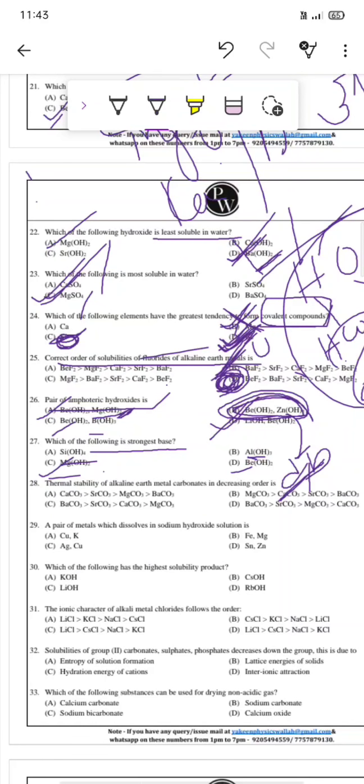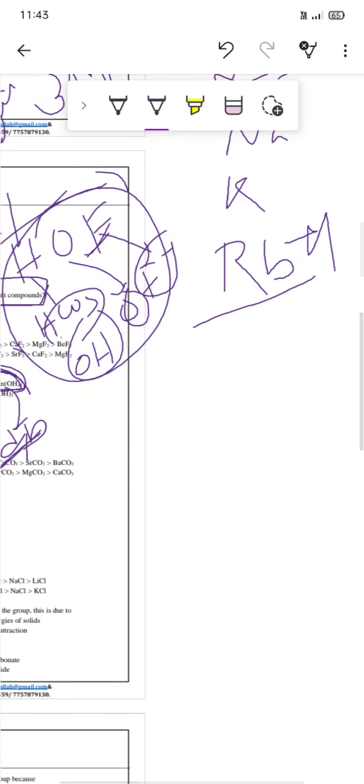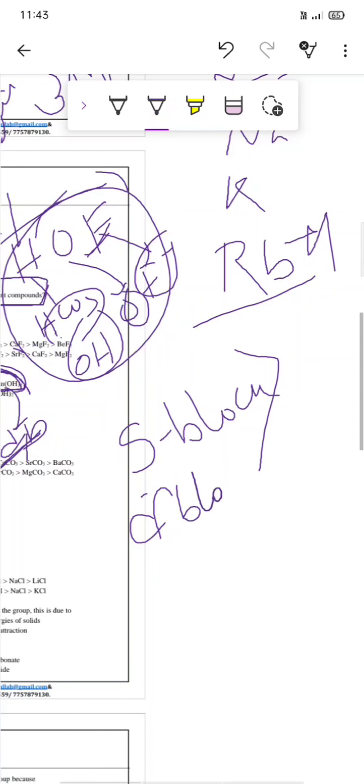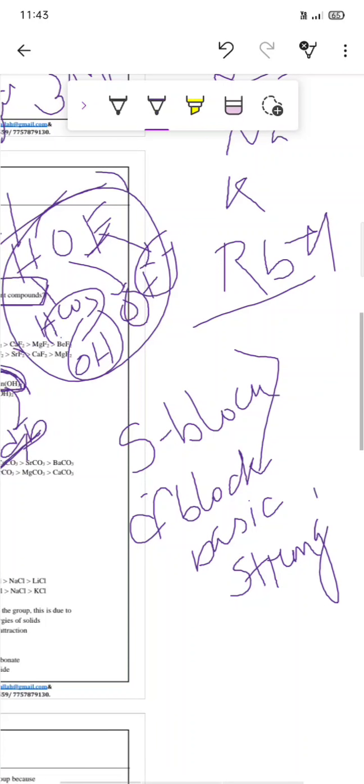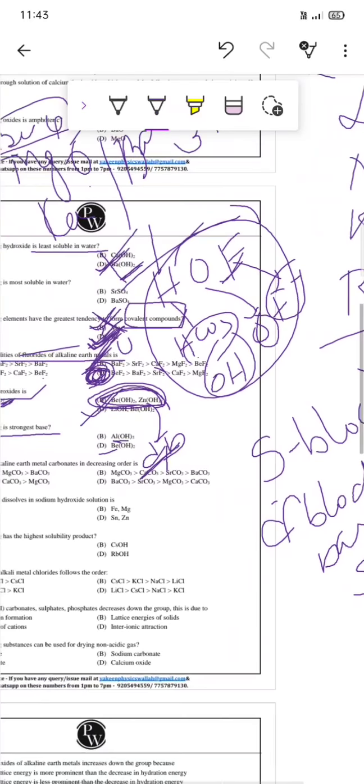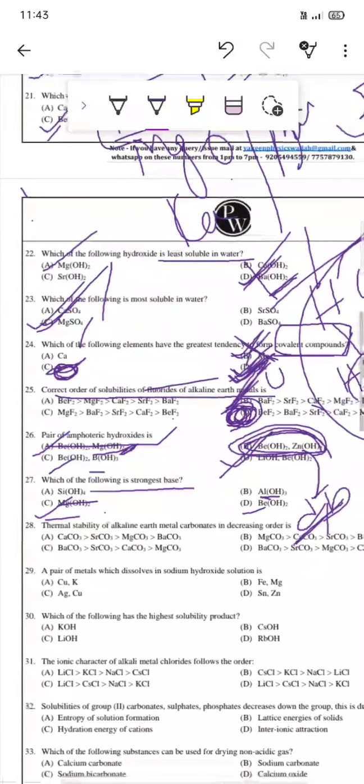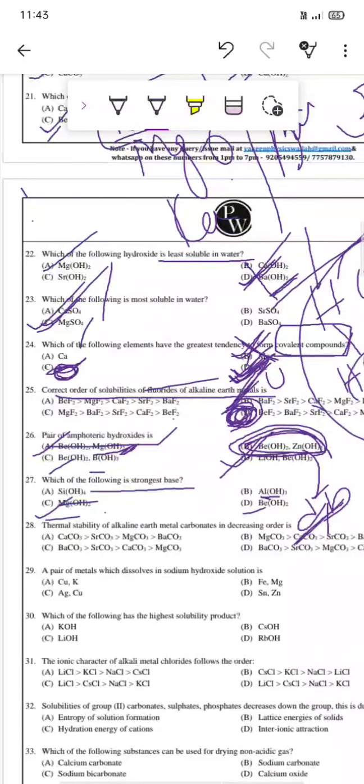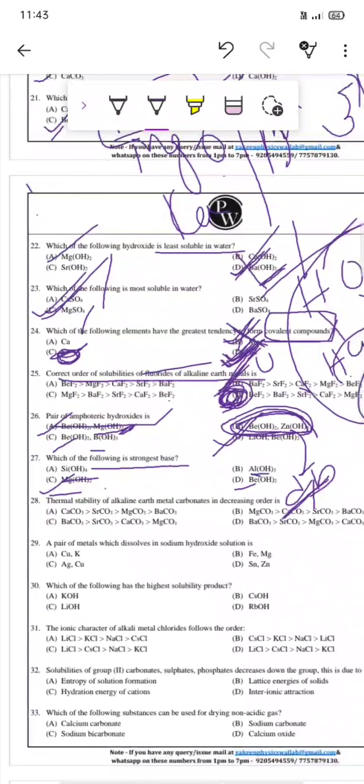Yeah, S block is more basic than D block. 27C.